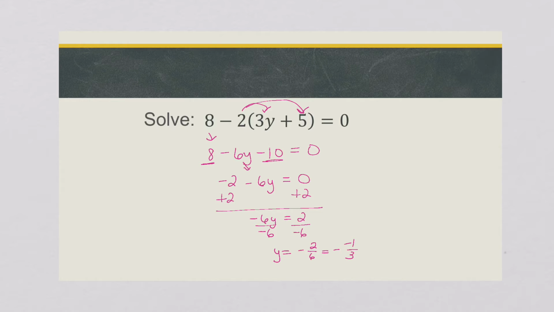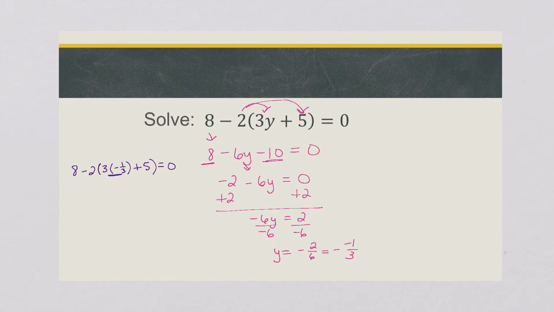And you can check your work even with a fraction. So let's do that. So I've got 8 minus 2 times, oh, I forgot something, sorry, times the quantity 3 times negative 1/3 plus 5. Does that equal 0?